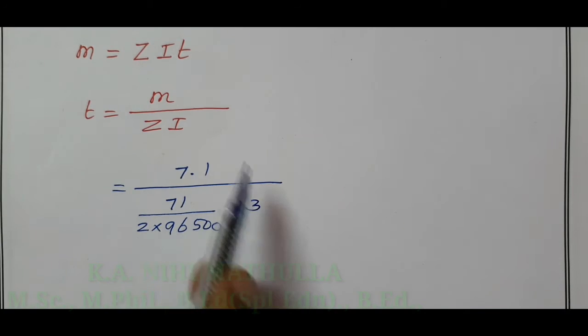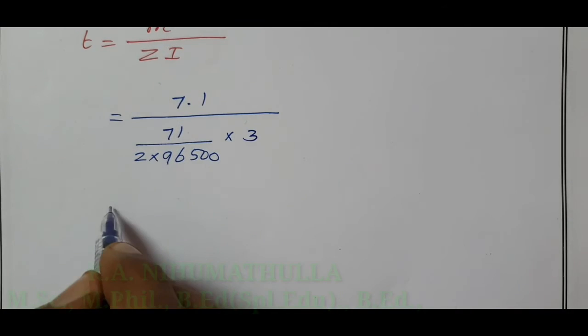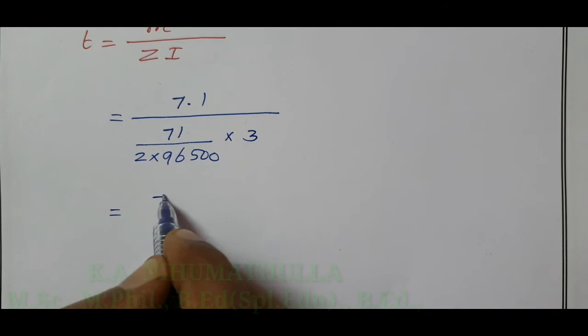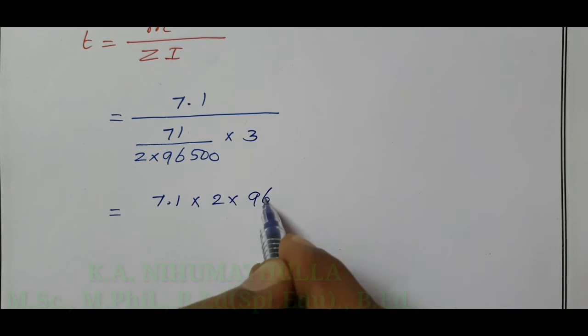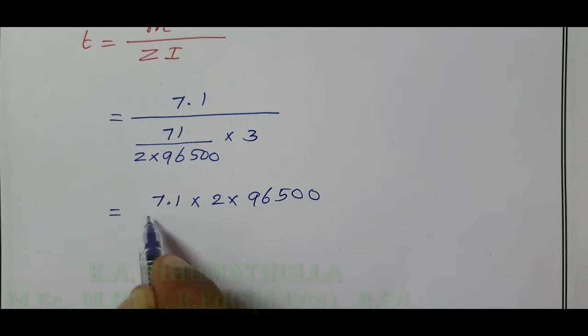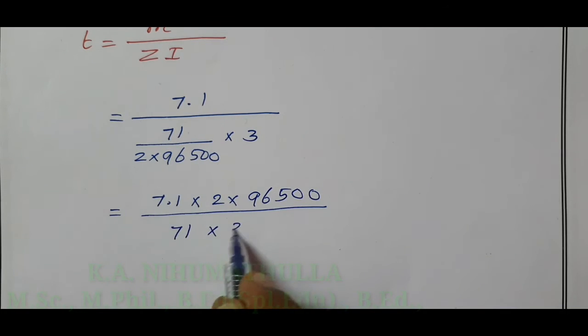Bring these two quantities to the numerator, it becomes 7.1 into 2 into 96,500 divided by 71 into 3.